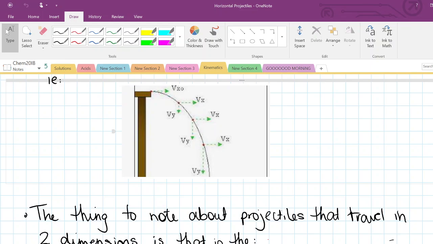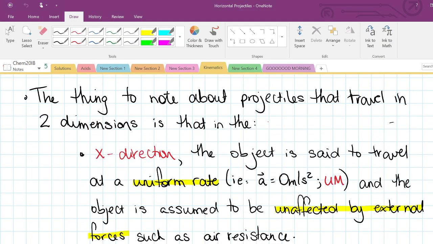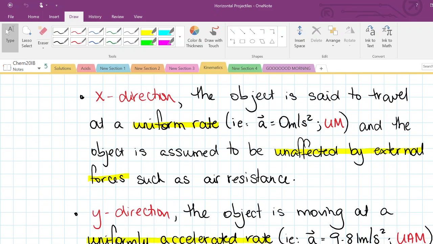So the big thing to note about 2D projectile motion is that there are actually two separate things happening. The object is accelerating in the downward direction, but in the x direction, the object is traveling at a uniform rate. That's what I've summarized for you down here. In the x direction, the object travels at a uniform rate, so acceleration is 0, and it's obeying uniform motion. We assume that it's unaffected by external forces like air resistance.